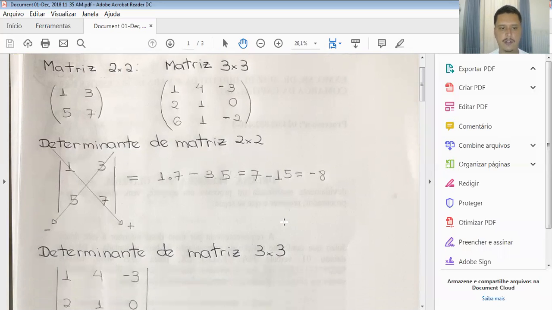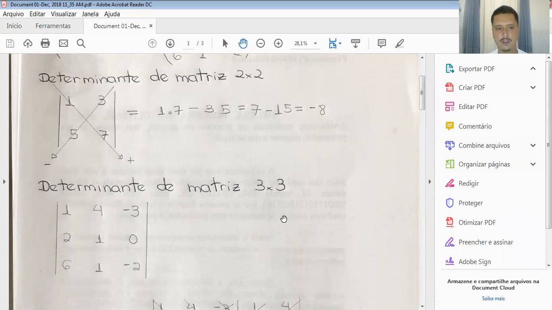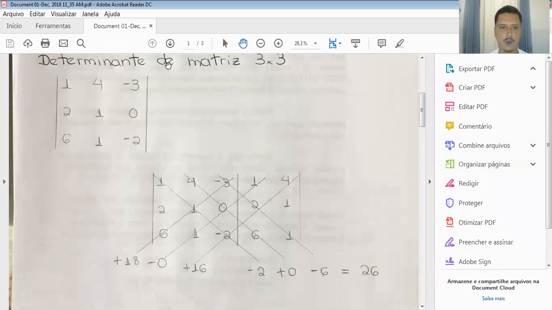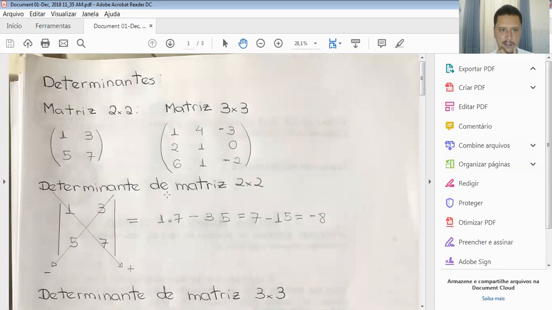To calculate a determinant of a matrix 3 by 3, we have a tool in which we repeat the matrix exactly like here. When we put vertical bars, we are representing the determinant, and when you put parentheses like this, you are representing the matrix.